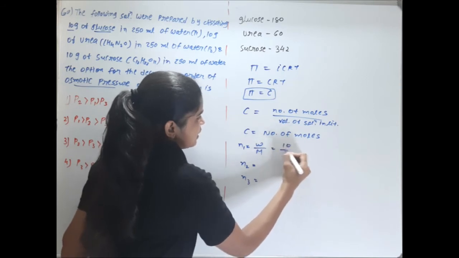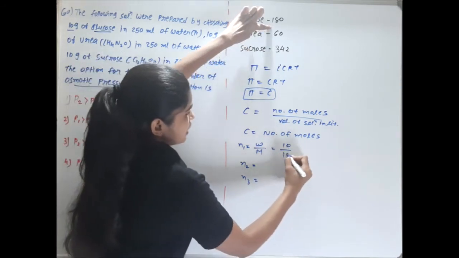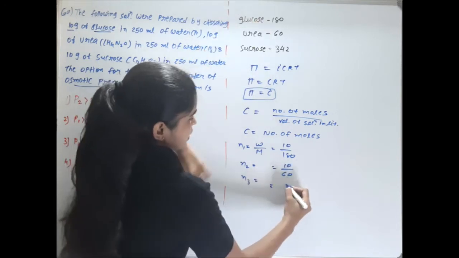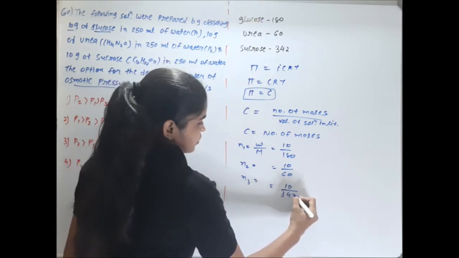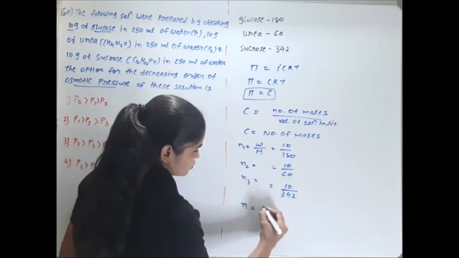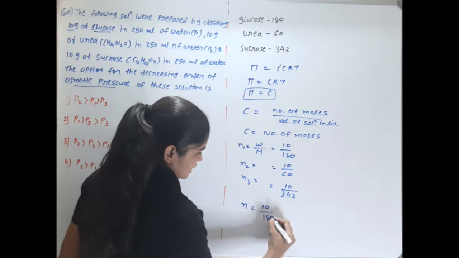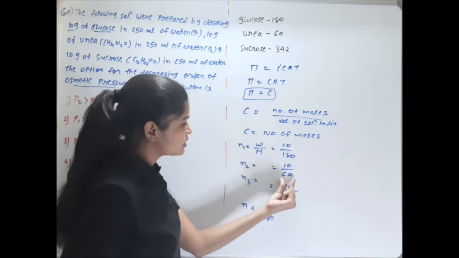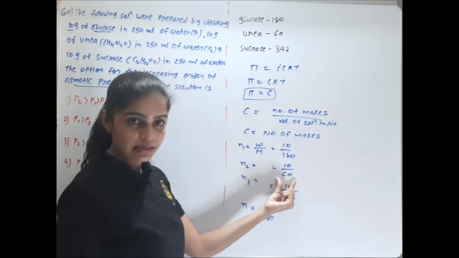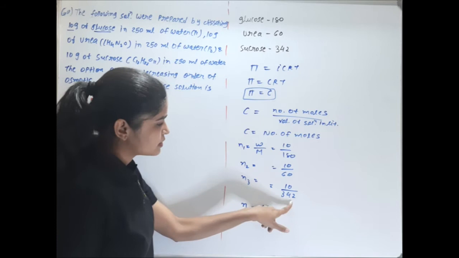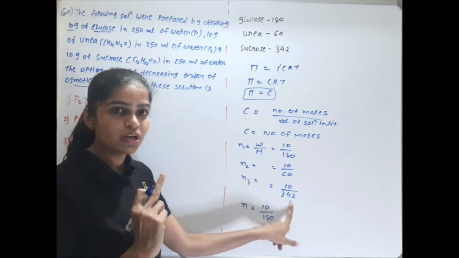This is 10 divided by glucose 180. Then next, 10 divided by 60, and then 10 divided by 342. Next is 10 divided by 60, where the denominator value is decreased, so the mole value is increased. Whereas where the denominator is increased, the mole value is decreased.